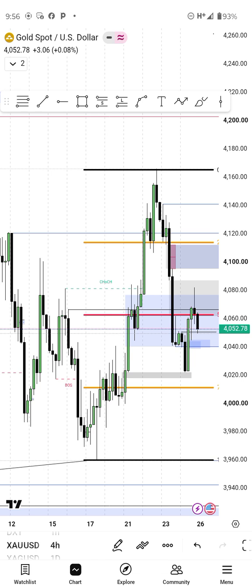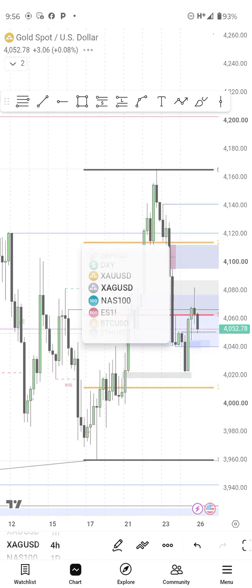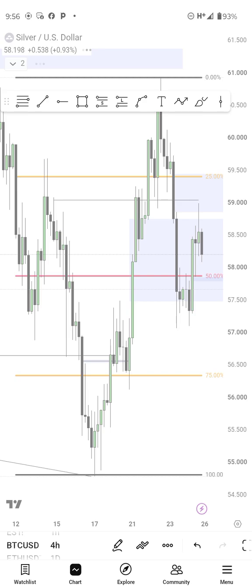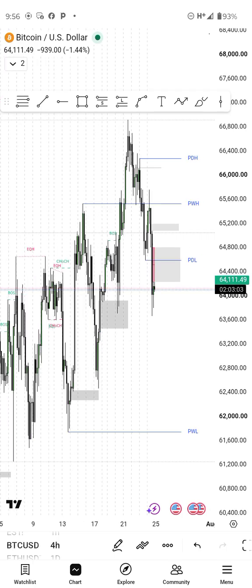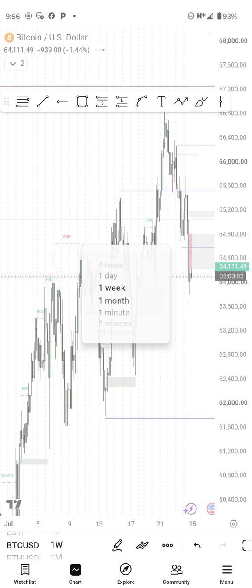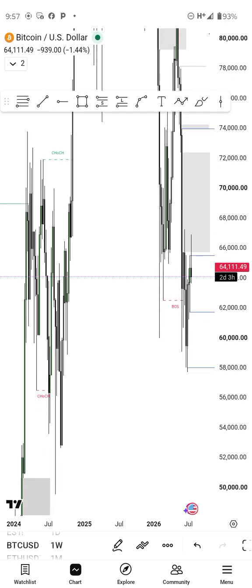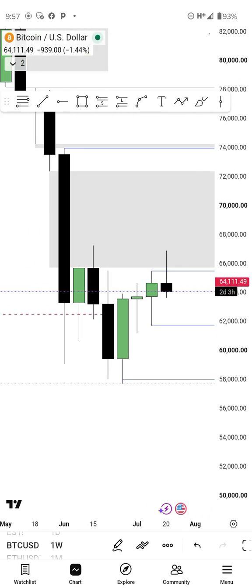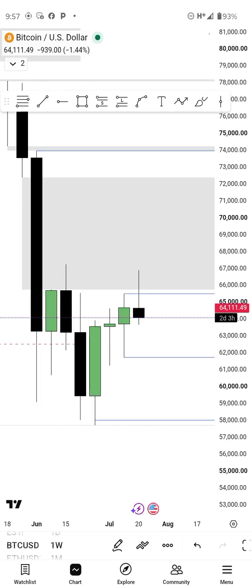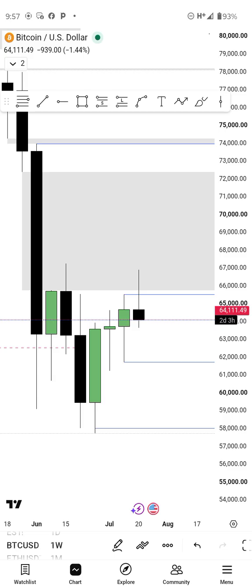So let's go to BTC. Okay, BTC. Let's go to the weekly time frame of BTC. Okay, everything should reflect on the chart by now.